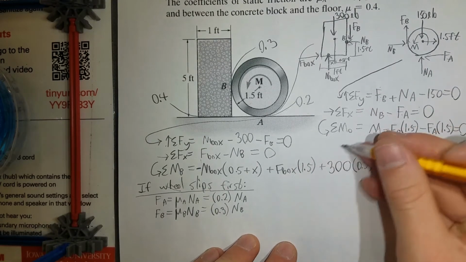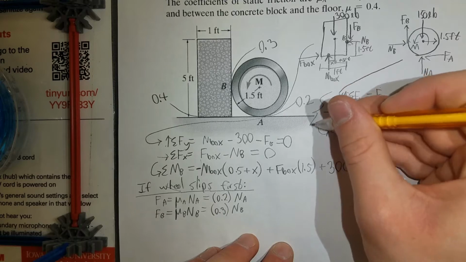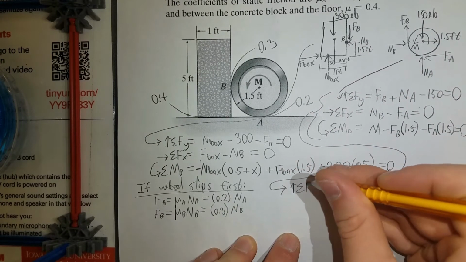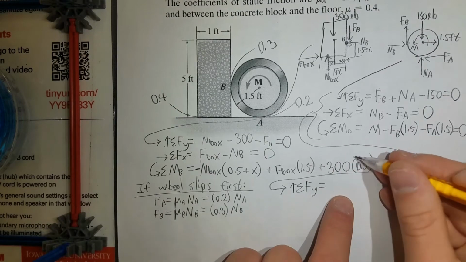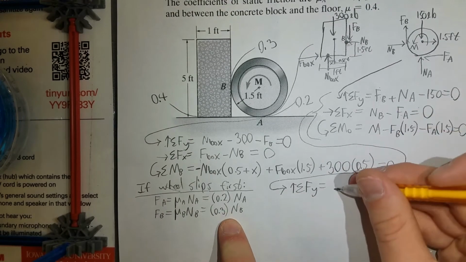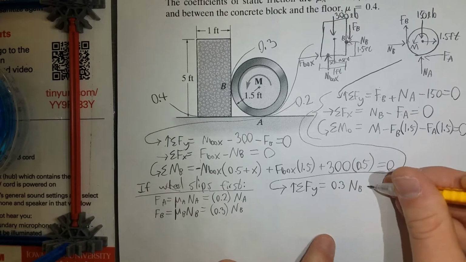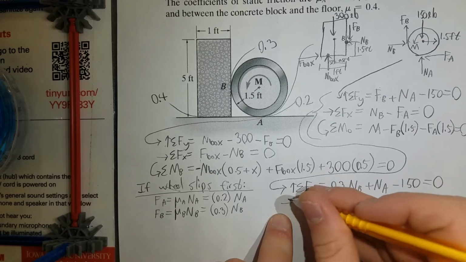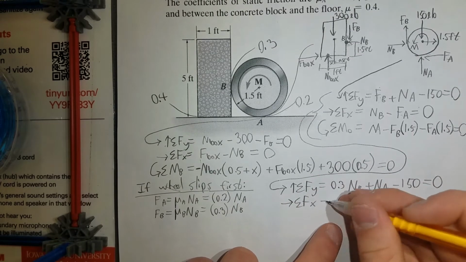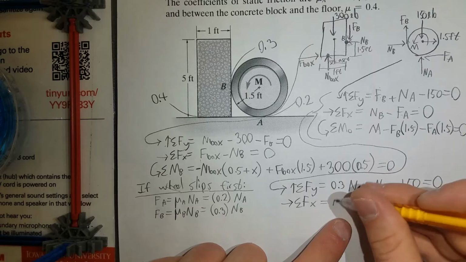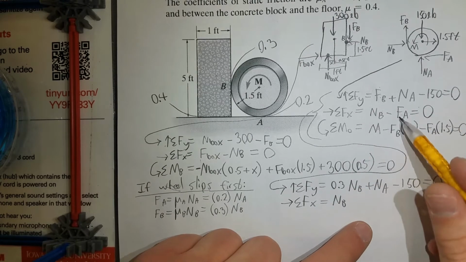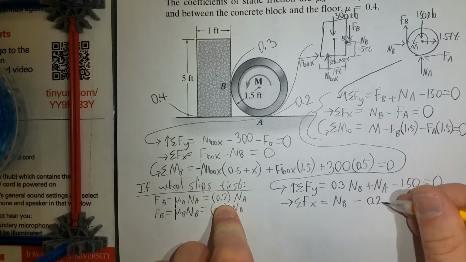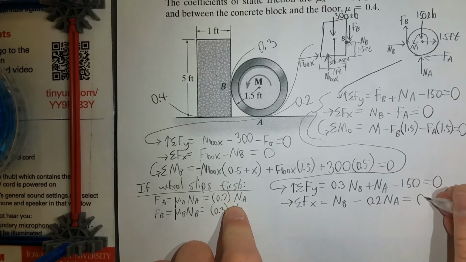So I'm going to go ahead and rewrite these equations up here with the friction forces that we know. So sum of the forces in the y is going to be equal to, so FB is 0.3 NB plus NA minus 150 is equal to 0. So Fx is going to be equal to, we're going to have NB going to the right, minus FA, which is equal to 0.2 NA, and that's equal to 0.